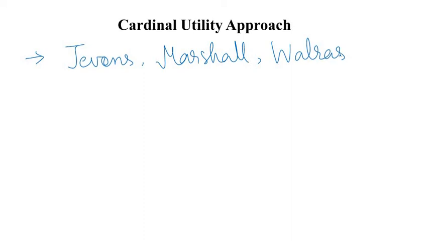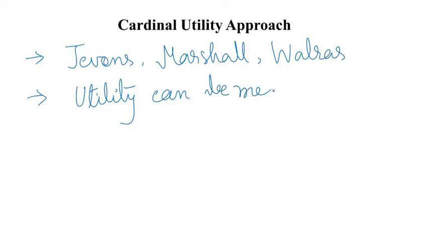That is, the satisfaction level that a consumer is getting from the consumption of a certain commodity can be measured. But how? It can be measured in terms of utils. Utils is a unit which helps us to measure the utility or satisfaction level of a consumer.